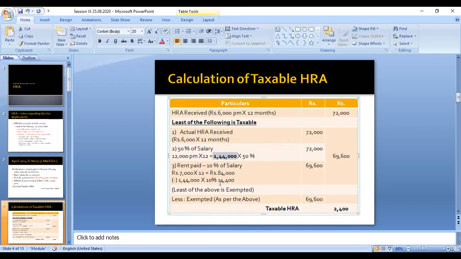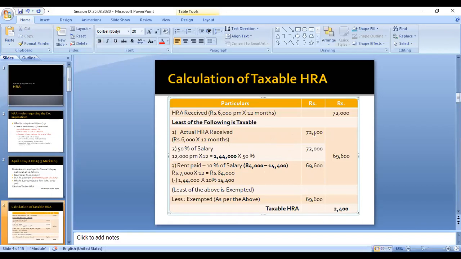So 10% of salary is 14,400. So rent paid minus 14,400. This amount arrived at is 84,000, the actual rent paid by him, minus 10% of salary, 14,400. If you deduct these two amounts, you will get the amount of 69,600.